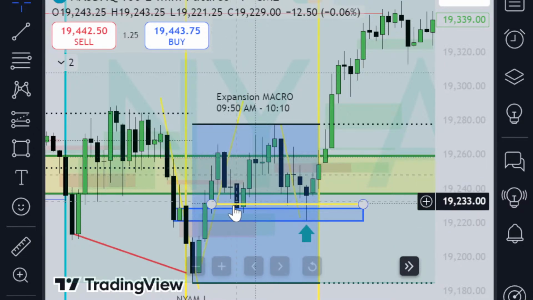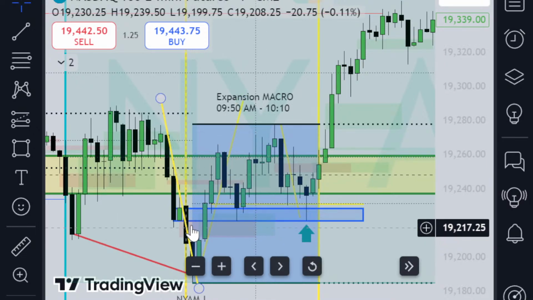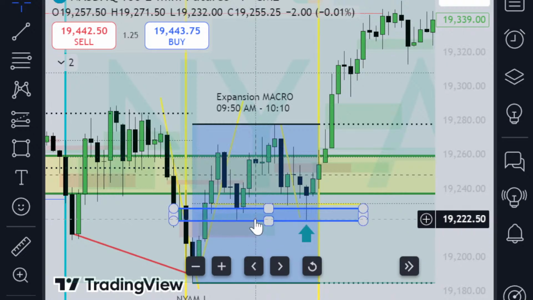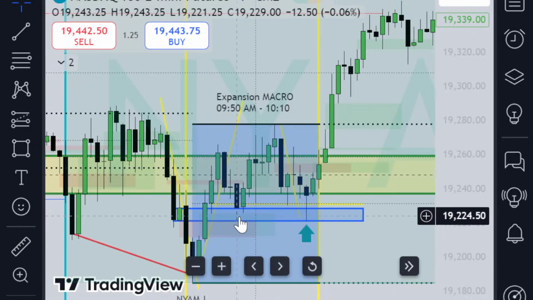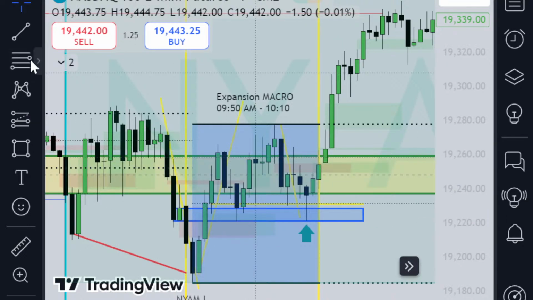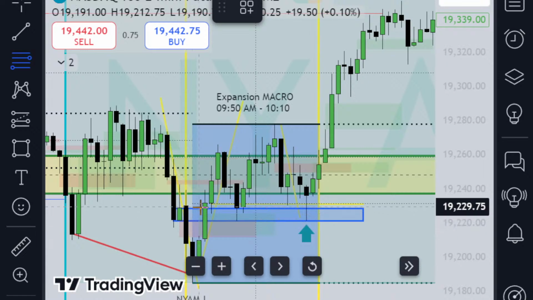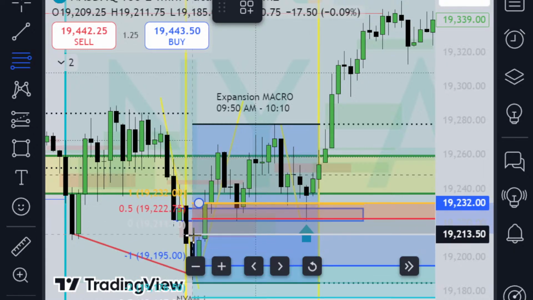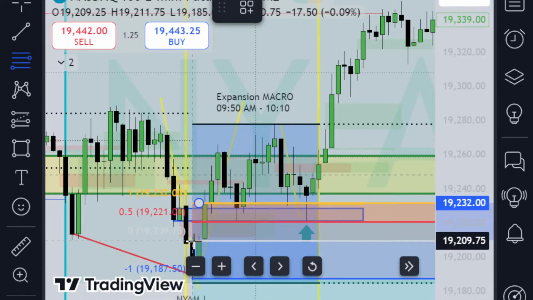If you're in this long, you need to see where's the next gas station. The next gas station is this breaker and these gaps down here. You don't want to see price come in here and break below about halfway of these. Anything breaking below halfway of these, you don't like that at all. So this is the halfway point, you can see. Look at that.